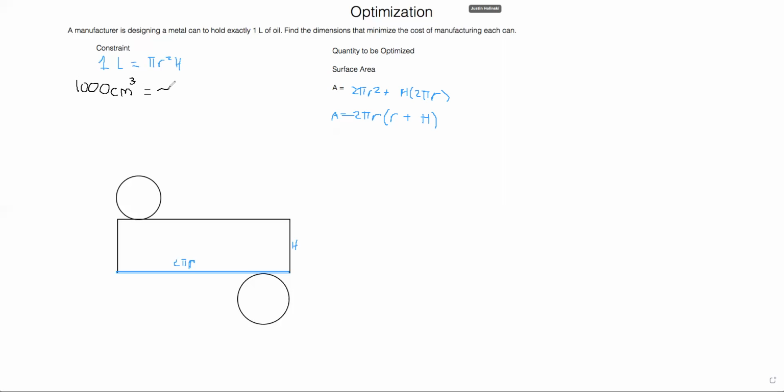That's a good idea. So now we can use this information to put either R in terms of H or H in terms of R. I'm gonna use H since R is squared, and it's simpler that way, at least in the short term. Maybe not in the long term.